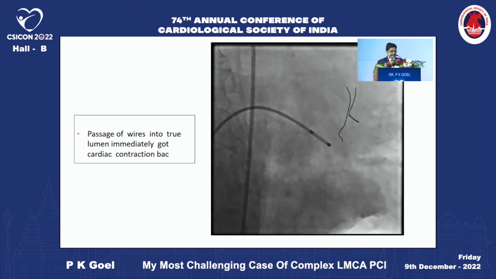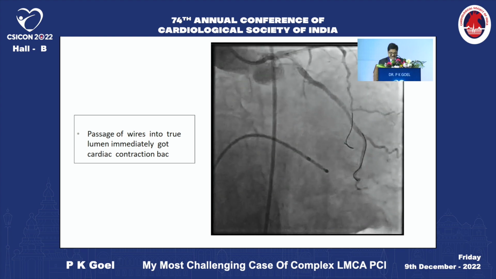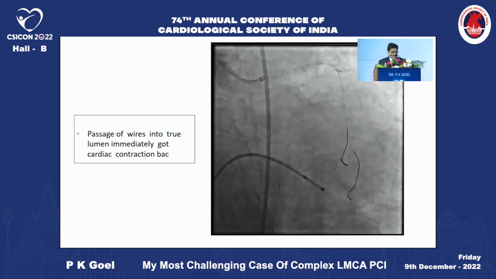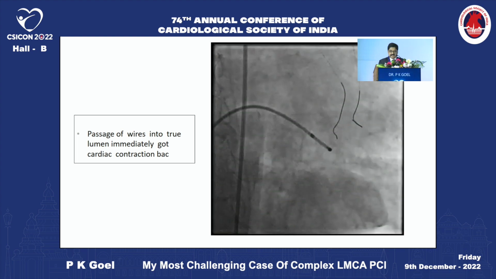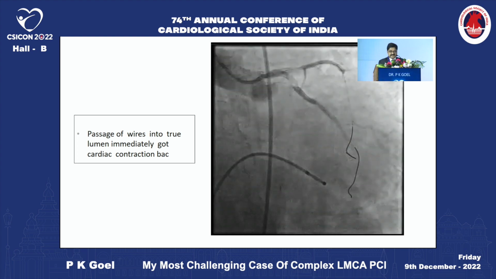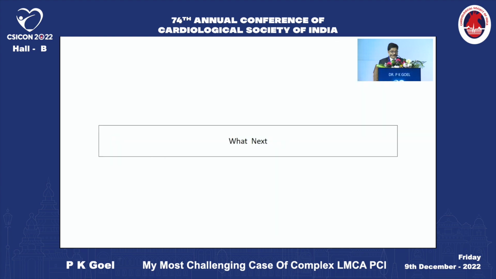But with this change of guide, I could hook the left main, and the wires were into the lumen and immediately got the cardiac contractions back. Only the wires have been put because the flaps have been tacked somewhere. But then, what next?